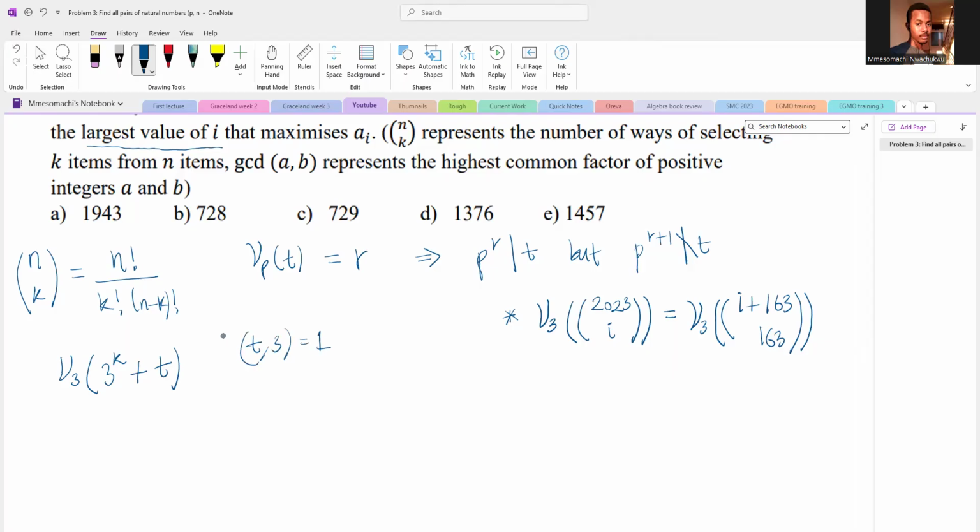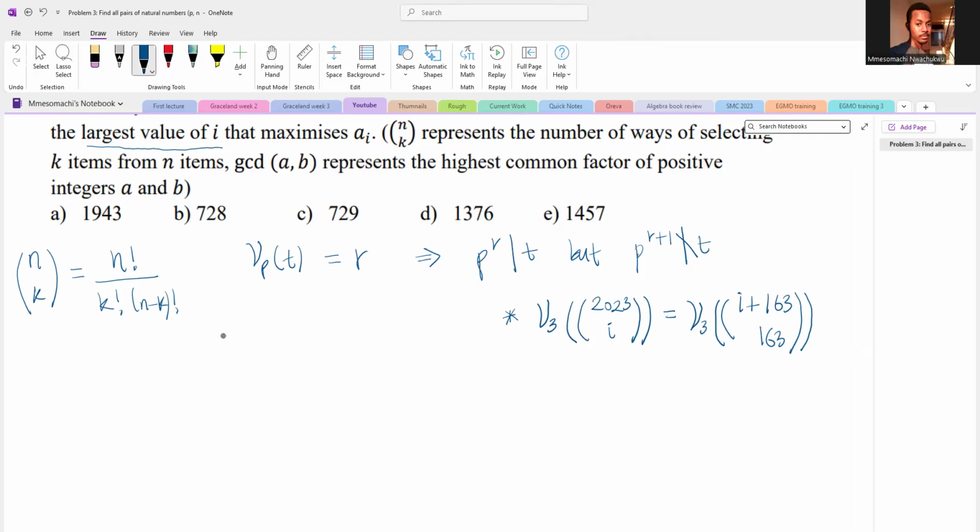This means that the valuation is going to be 0, because 3 does not divide this at all. Something else I can say is that the p-adic valuation of a times b, which applies to any prime, is the valuation of a plus the valuation of b. You can always do some extra reading about p-adic valuation on your own. We're going to see how we can apply this.